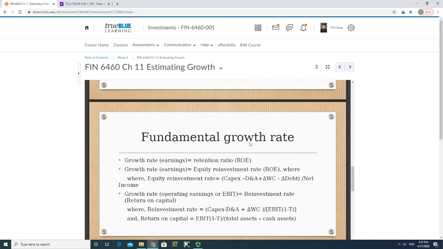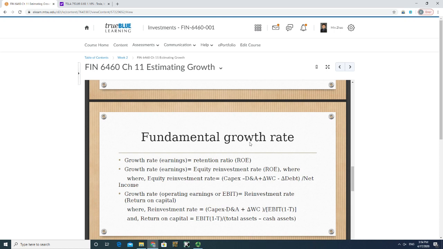And the second item is D&A. D&A is depreciation and amortization, and it's a non-cash charge, should be added back into our calculation. And the third one is change in WC. What is WC? WC is working capital. That's change in working capital, because when a company invests in those long-term projects, those are long-term investments, which is reflecting capex or capital expenditure.